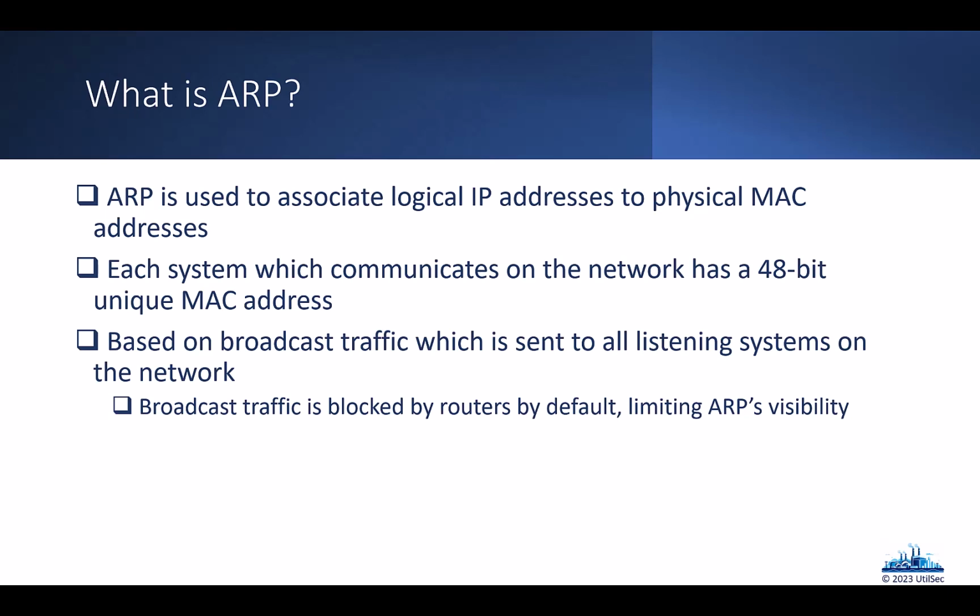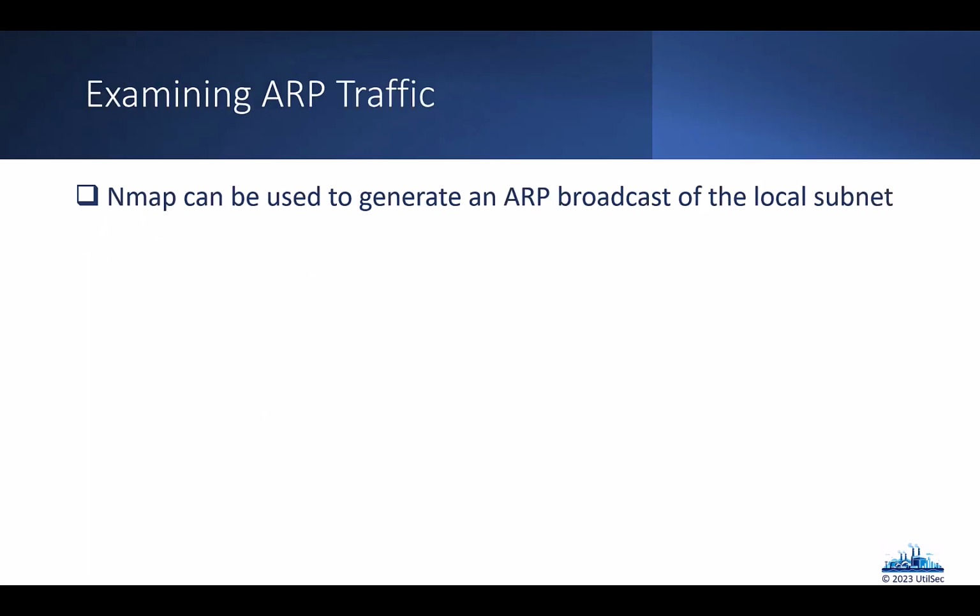So if we're looking for 192.168.1.10, we send out a broadcast and say, hey, 192.168.1.10, are you out there? If you are, let me know what your MAC address is. Since we don't know what the MAC address is, we can't send directly to it. That's why we have to shout out to the entire network to see, hey, if you're out there, let me know.